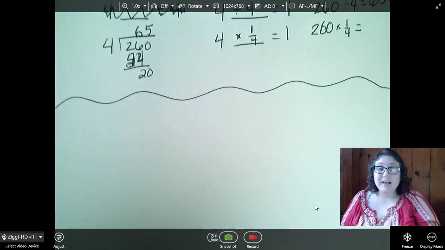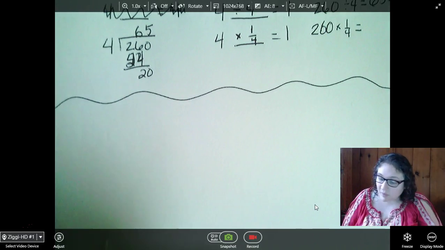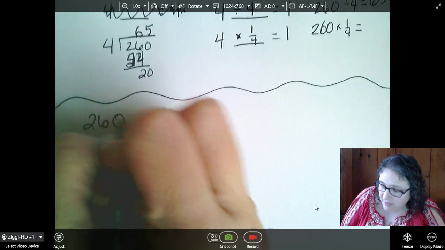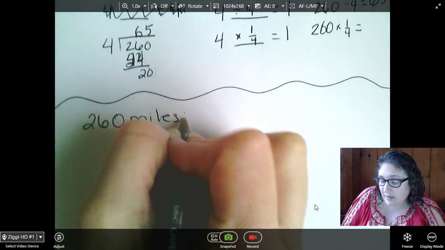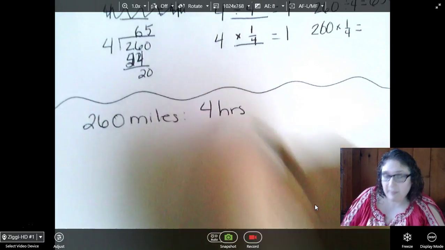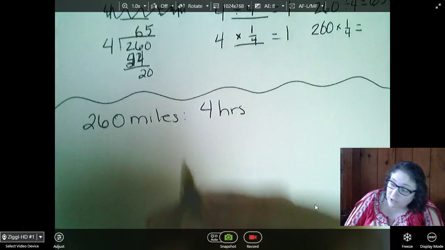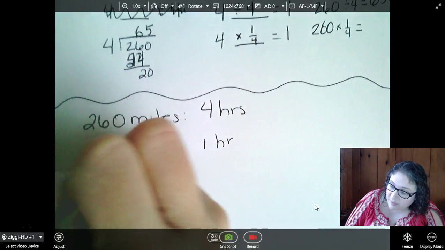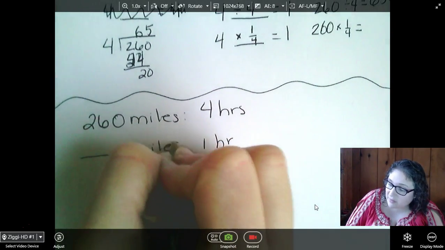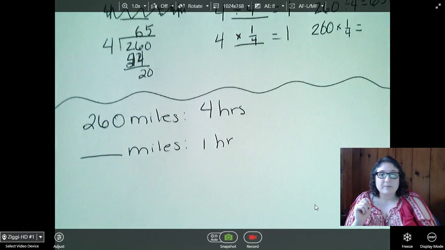Okay, the last way is to set up a proportion. We again remember there was 260 miles in 4 hours. Well, we're trying to get to 1 hour. So we're trying to think of how many miles to get there.